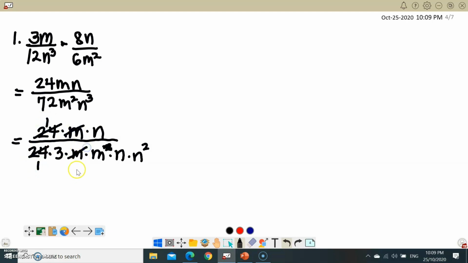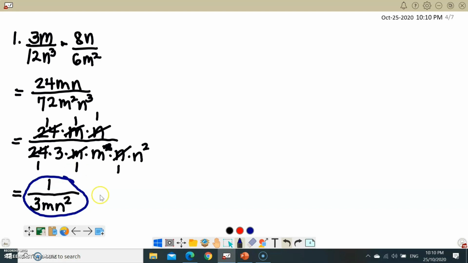M and m, the quotient is 1. N and n, the quotient is 1. So what is left on the numerator? 1 times 1 times 1 is equal to 1 over what's left in the denominator. 1 times 3 times 1 times m times 1 times n squared is equal to 3mn squared. So we now have here the product of 3m over 12n cubed multiplied by 8n over 6m squared as 1 over 3mn squared.